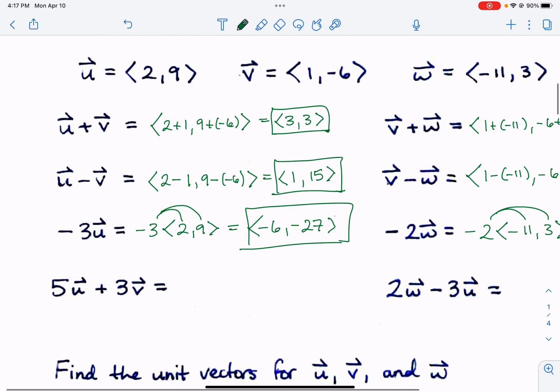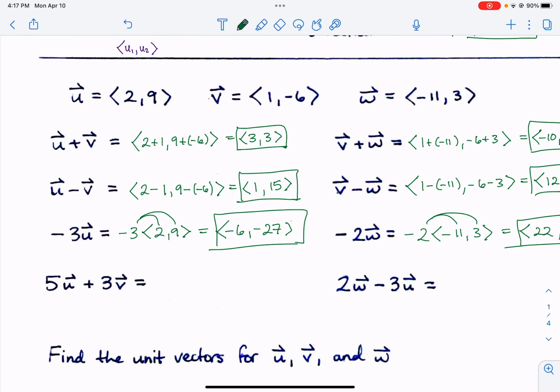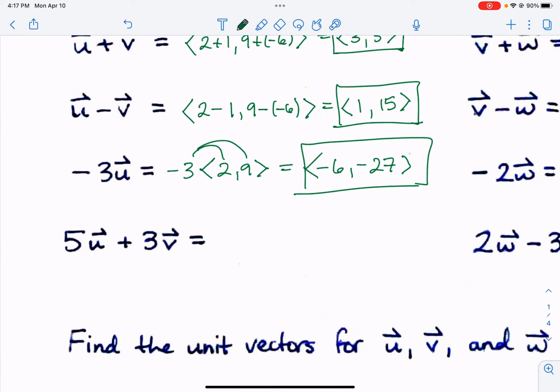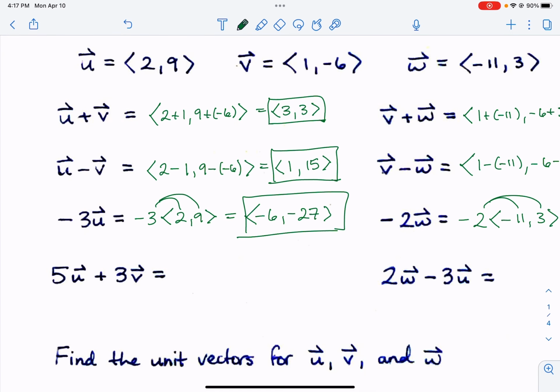Boom. And for these last ones, these are what we call linear combinations. Just remember, you do the scaling first, and then you do the addition. It's just like how if you have multiplication and addition, do the multiplication first. Scaling is kind of like multiplication. So first things first, I would want to replace these vectors with their component form. So I'm just going to put that in for you, and then put 1 comma -6 in for v.